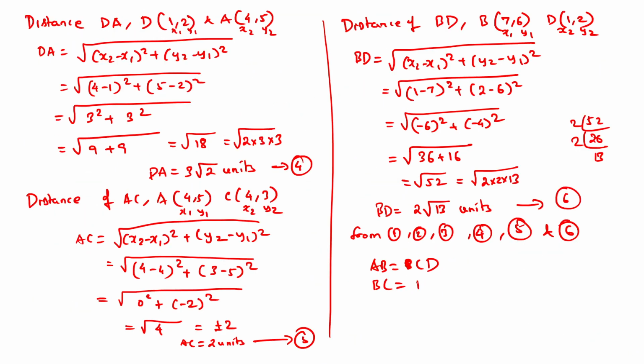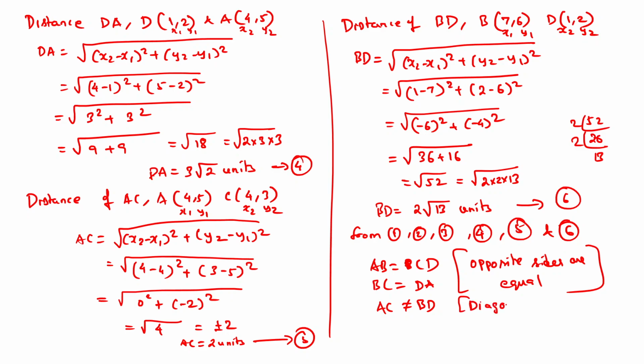Opposite sides are equal, but the diagonals AC is not equal to BD. Diagonals are not equal.